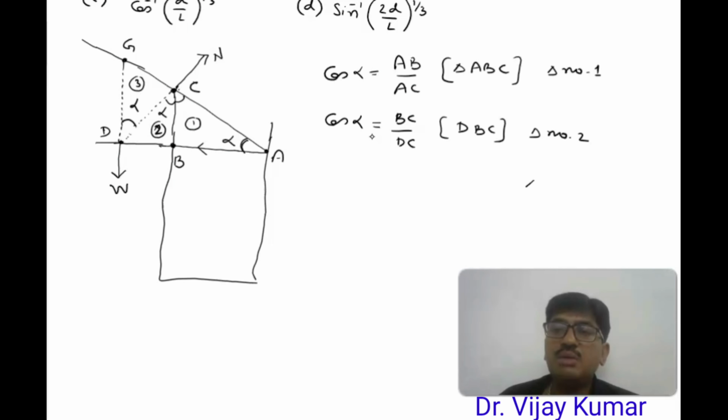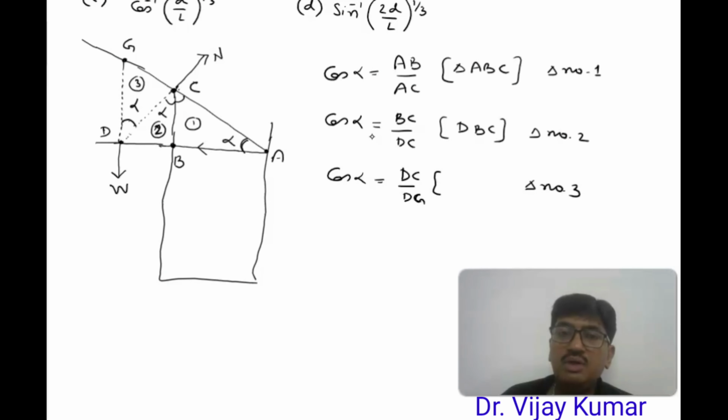Now we are discussing triangle number 3. Cos alpha again. This angle is alpha, so cos alpha should be DC upon DG. Now we have taken triangle DCG.